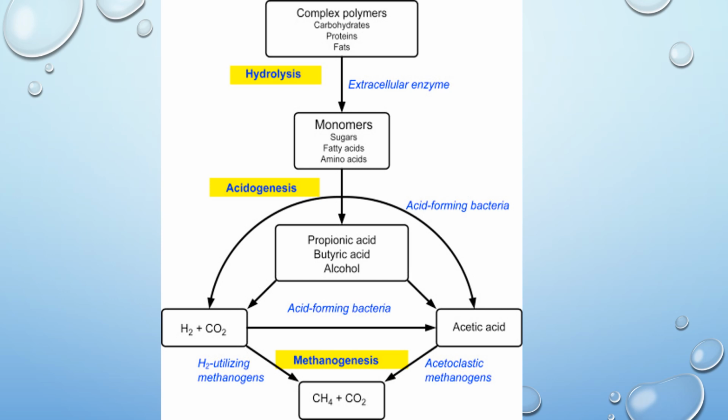In methanogenesis, methanogens use the intermediate products of the preceding stage and convert them into methane, carbon dioxide, and water. These components make up the majority of biogas emitted from the system.